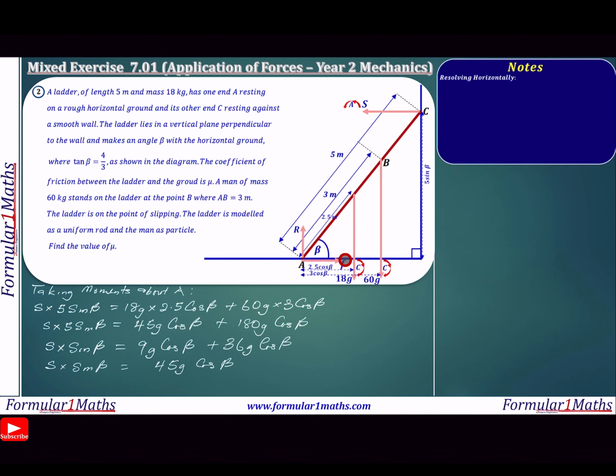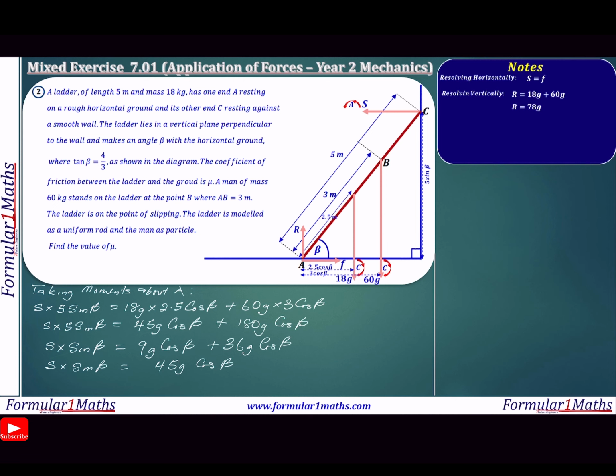So it means S is equal to F. If I resolve vertically, I have one force going upwards and two of them coming downwards. So R equals 18G plus 60G, and that will give us R equals 78G.